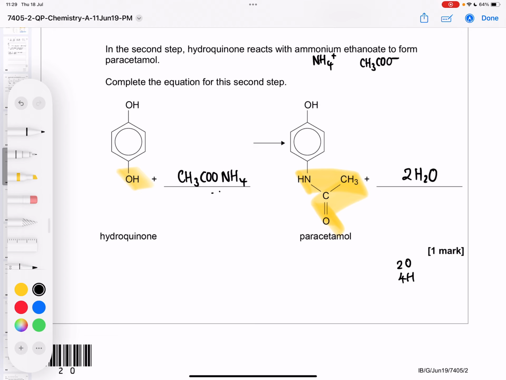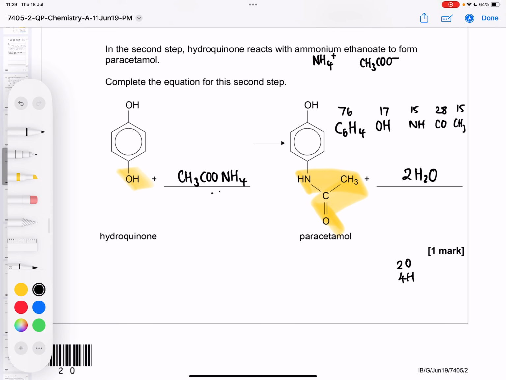So in our ring, we've got C6H4 because we've got 2 substituents. And then we need to add an OH. So this bit would be 76, this bit would be 17. Then we've got the NH, 15. We've got the CO bit, 28. And then a CH3, 15.